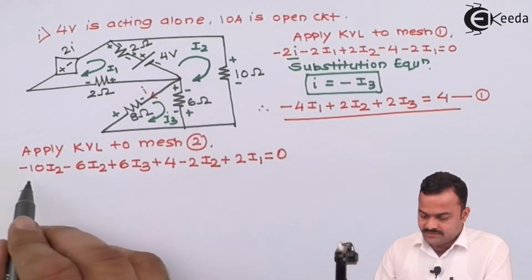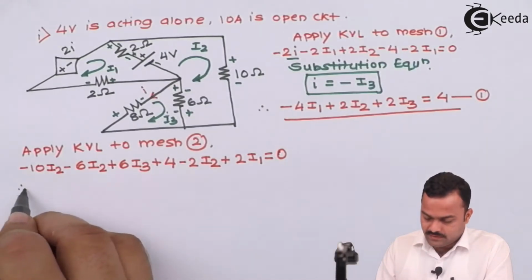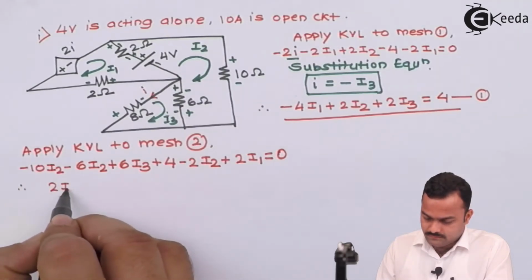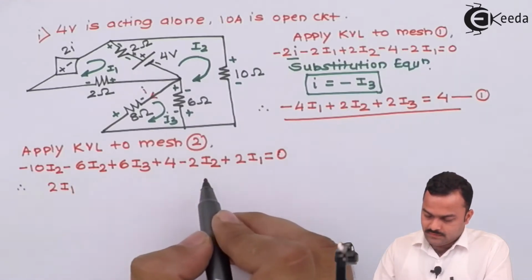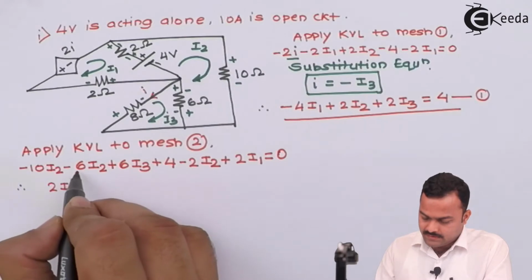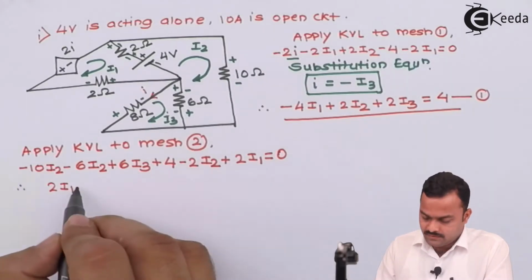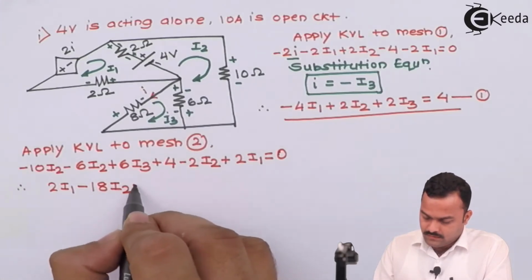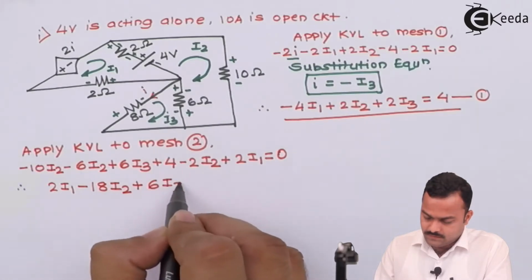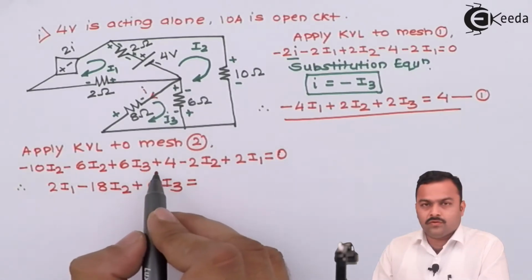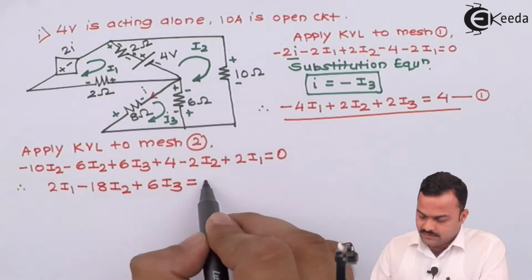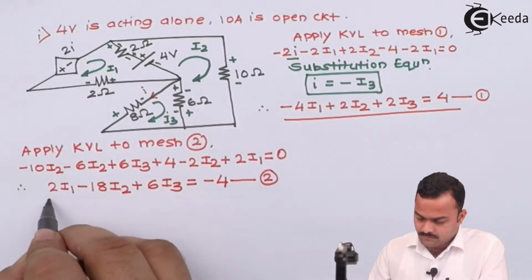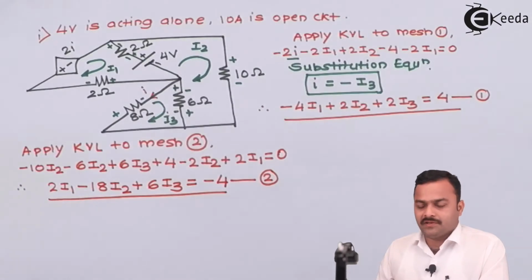This equation is quite straightforward. After rearranging the terms, the I1 term is 2I1, then for I2 we have minus 10, minus 6 and minus 2, which gives minus 18I2, and plus 6I3. The constant plus 4 on this side becomes minus 4 on the other side, equation number 2.